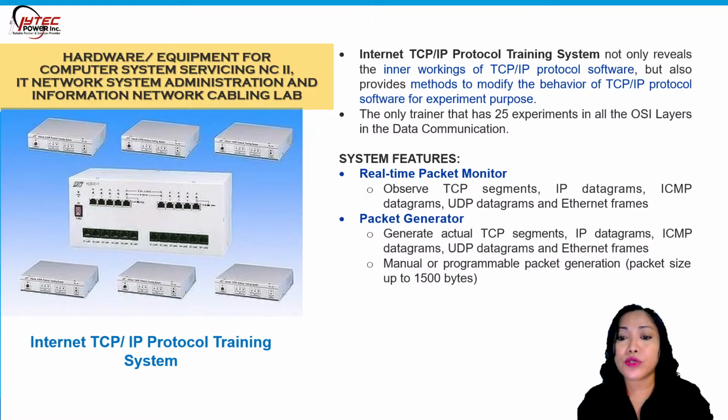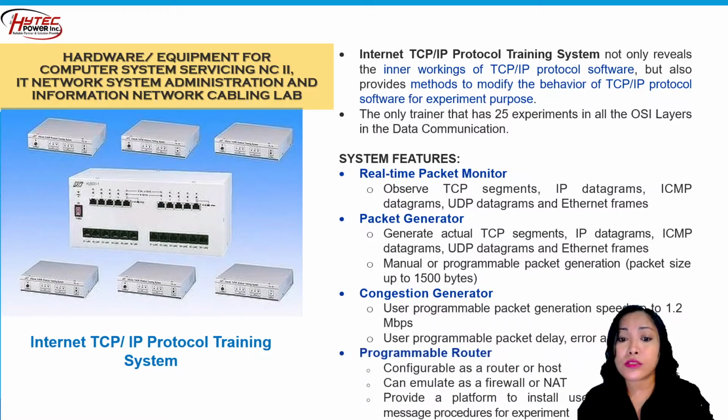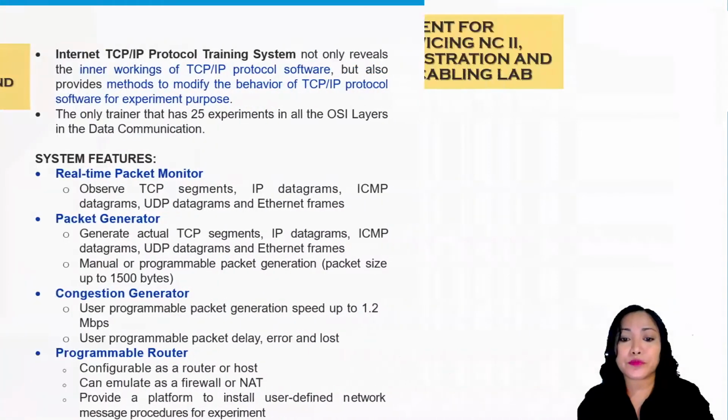A packet generator to generate actual TCP segments, IP datagrams, ICMP datagrams, and more. A congestion generator, a user programmable packet generation speed up to 1.2 Mbps that can program packet delay, error, and loss. And a programmable router, configurable as a router or host, that can emulate a firewall or not, and many more.